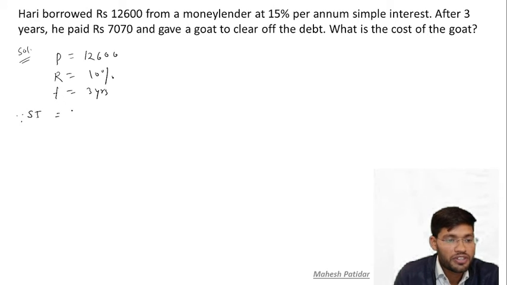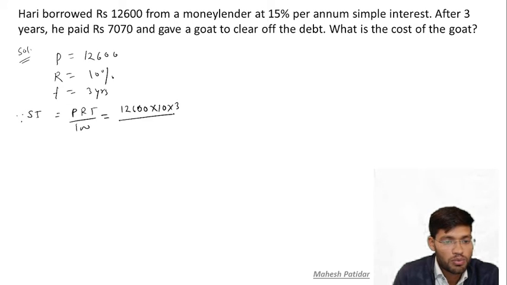Simple interest is equal to PRT upon 100, which is 12,600 into 10 into 3 upon 100. 20 cancel by 20. 3 sixes are 18, 3 twos are 6, and 7, 3 ones are 3 and 0.